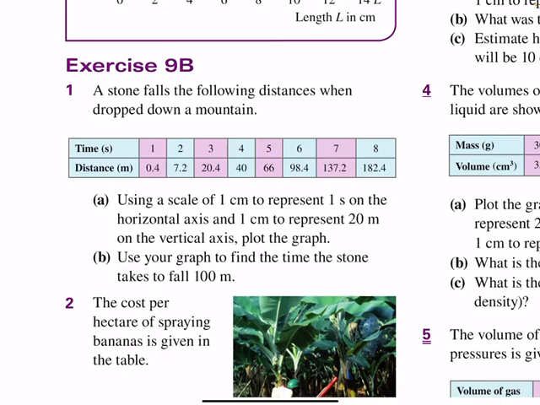S meaning seconds. M meaning meters. Distance, M. Using a scale of 1 centimeter to represent 1 second on the horizontal axis, and 1 centimeter to represent 20 meters on the vertical axis. Plot the graph.